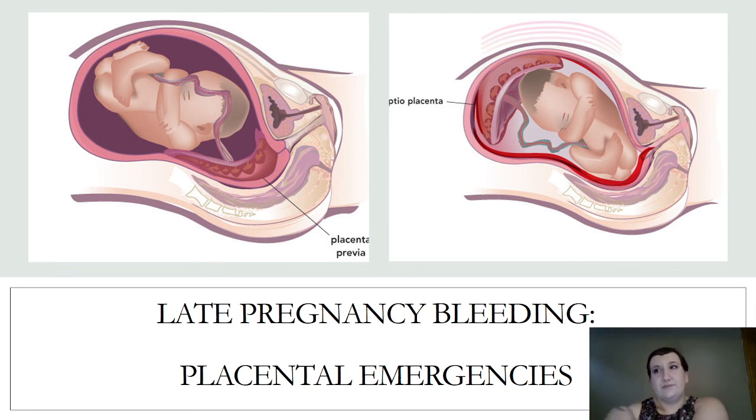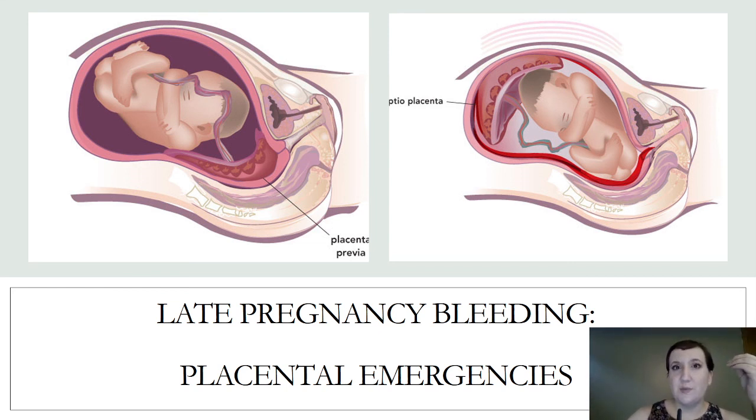Uterine rupture. Uterine rupture is another emergency, kind of related here. The uterus opens. Usually it's going to go along the C-section, old scarring, because that scar tissue of the uterus is weak and it's unable to withstand the force of the pregnancy or the tension of labor.